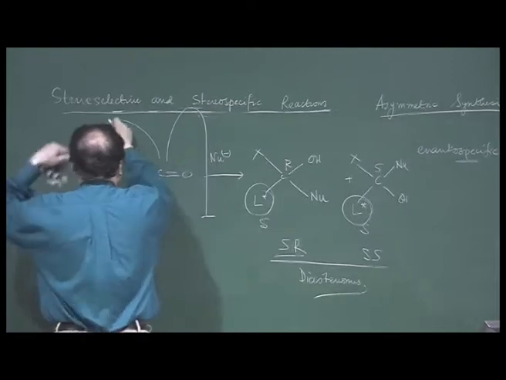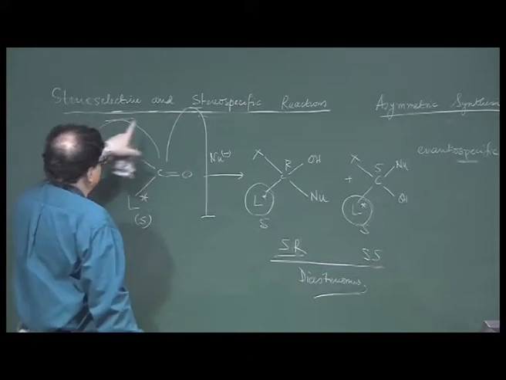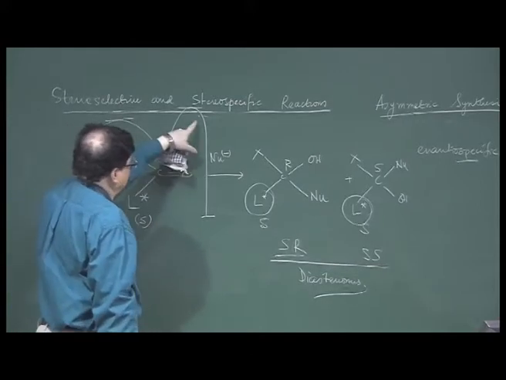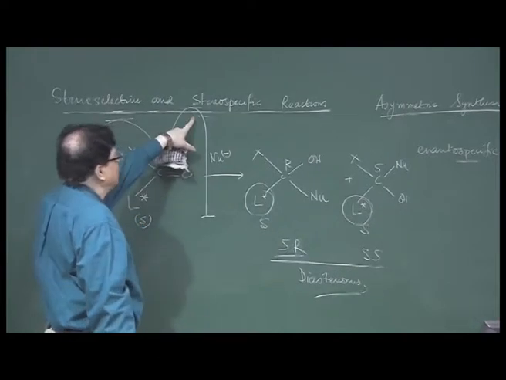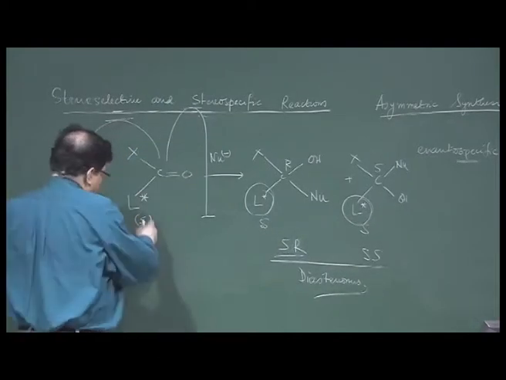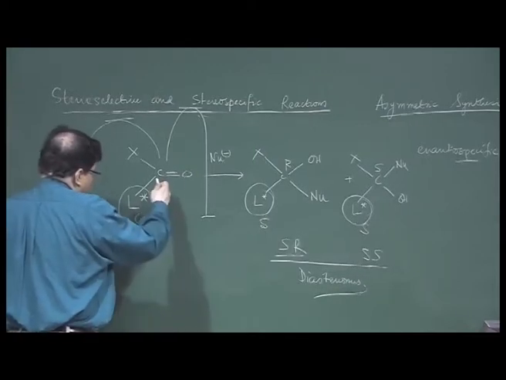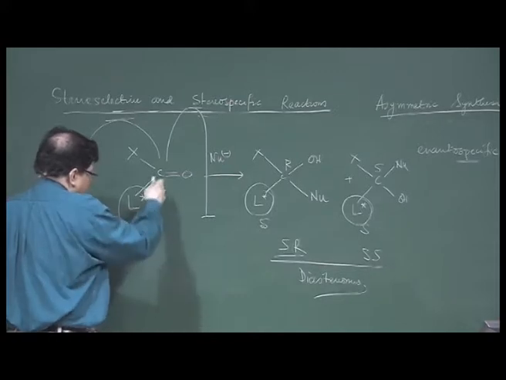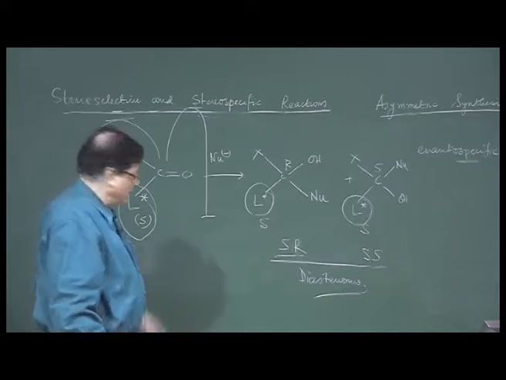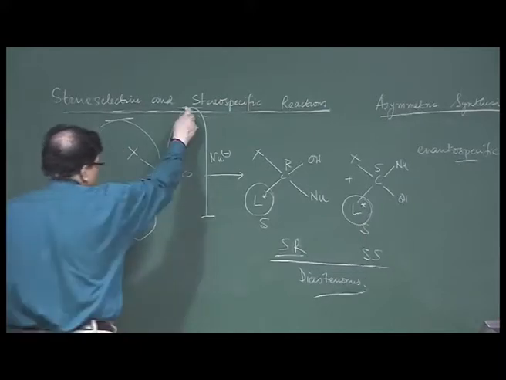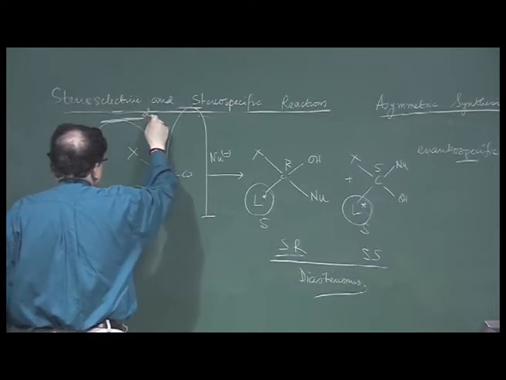So, these two transition states will also be diastereomers, because if you take the mirror image of one transition state and try to compare it with the other, it is not possible, because you have one configuration which is always S. Taking the mirror image of one in transition state, you have to make this R, but that is not possible because this is fixed S. So, the transition states you now have will be diastereomeric.